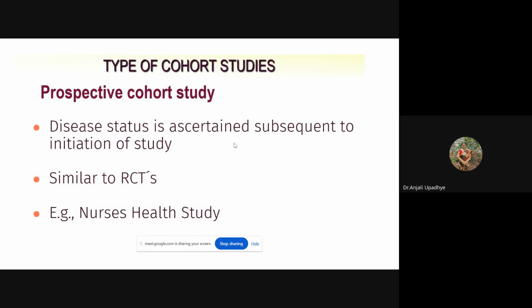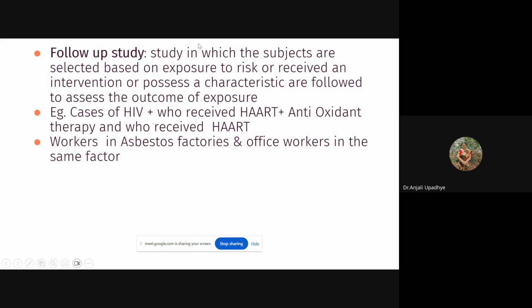So the disease status is uncertain with the subsequent initiation of the studies. Similar to RCTs, this is a type of cohort study. Follow-up study: the study in which the subjects are selected on the basis of the exposure to the risk, or received an intervention, or possess the characteristics, are followed to assess the outcome variable.